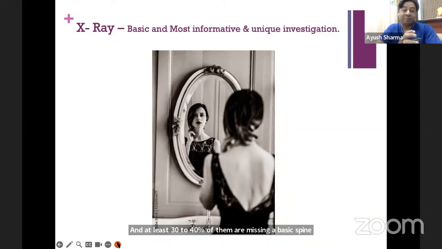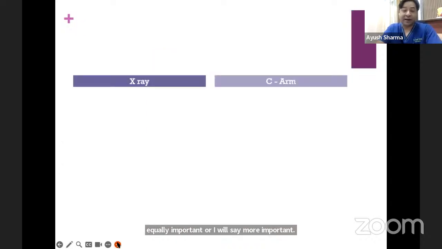And that is a big problem because although MRI gives you a diagnosis of the pathology, and it talks about the soft tissue and the root or the dura, it is the alignment which is equally important, or I will say more important than just the vision of an MRI.